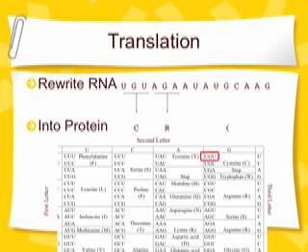Now you have to find AUA. Hopefully you found which amino acid that goes to. It's isoleucine, which is an I. Now look for UGC on the table. UGC is a C, a cysteine again.